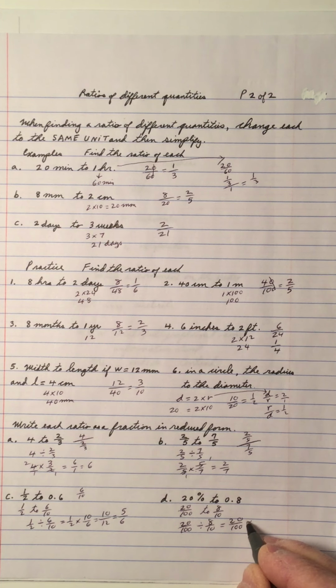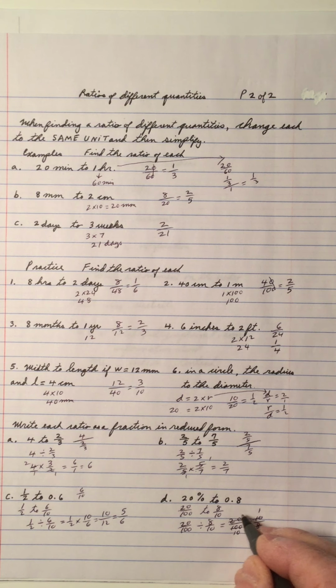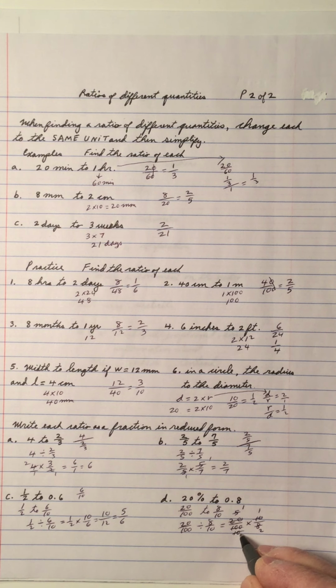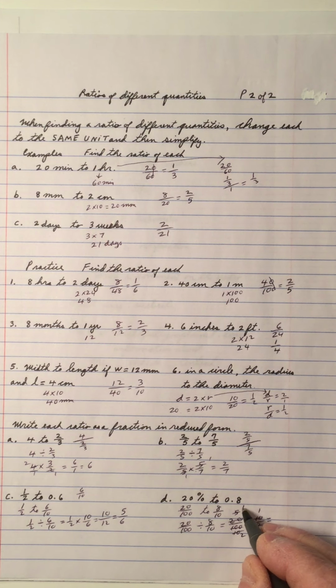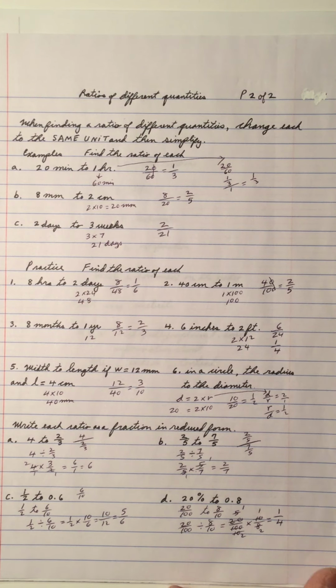When you divide, you multiply by the reciprocal, so it's 10 over 8. And I reduce. 10 into 10 goes once, 10 into 100 goes 10. 4 into 8 goes 2, 4 into 20 goes 5. 5 into 5 goes once, 5 into 10 goes 2, and that works out to be 1 times 1 times 1 is 1, 2 times 2 is 4. So just a little bit different working the math.